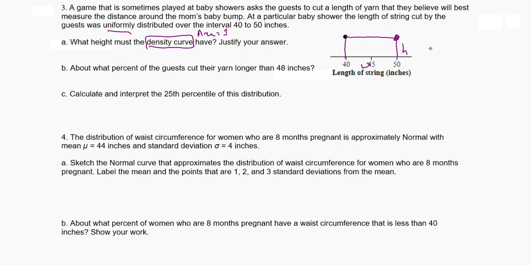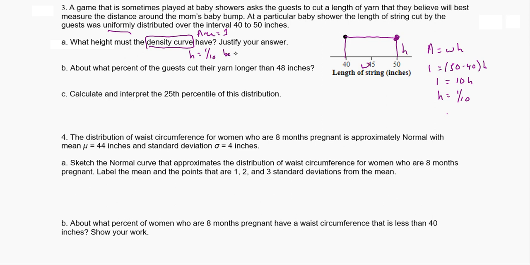Area equals width times height, and our width is 50 minus 40, multiplied by our height, and that has to equal 1. So 10h equals 1, which means h has to equal 1/10. So the height has to equal 1/10.